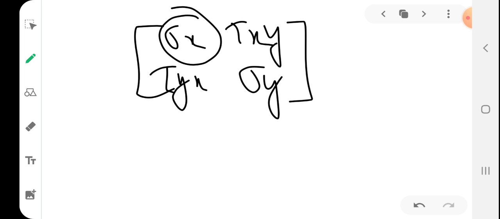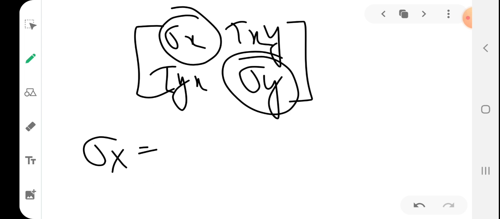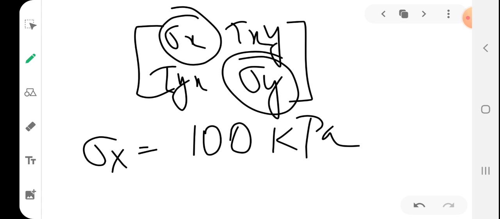Suppose we have this sigma x and sigma y. Suppose sigma x is given as 100 kilopascal. While you are drawing this 100 kilopascal in your coordinate system, you have to scale it.